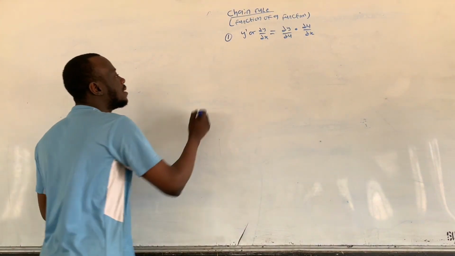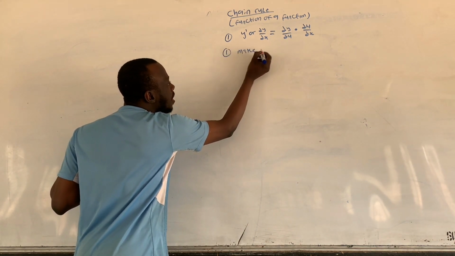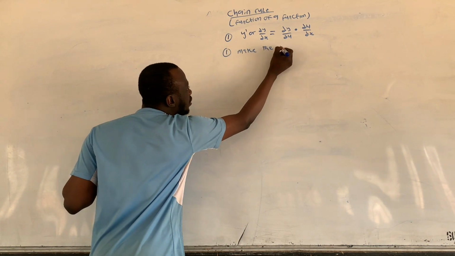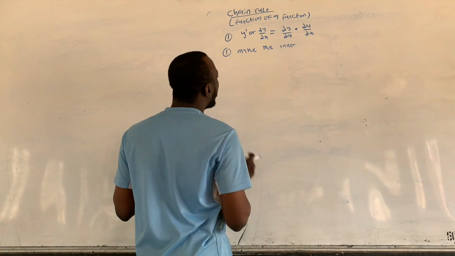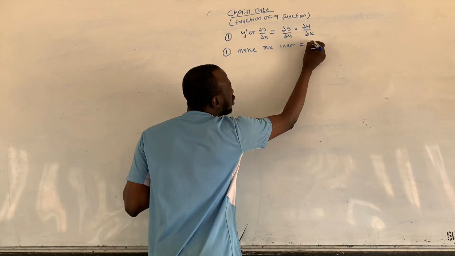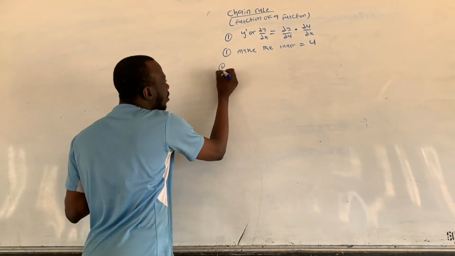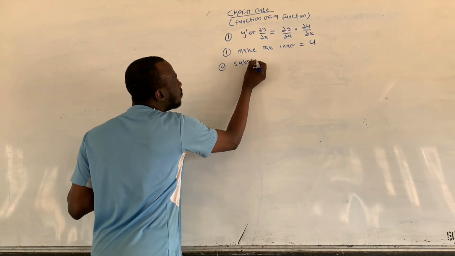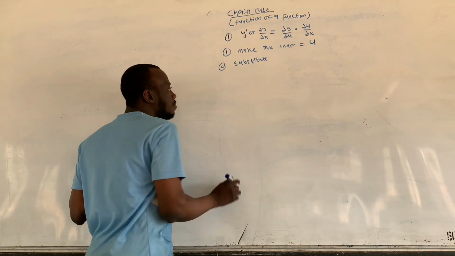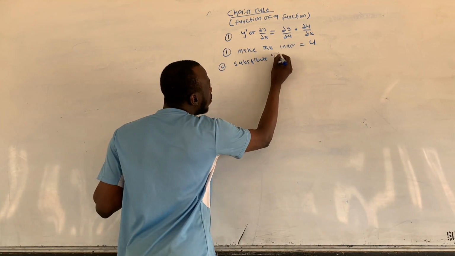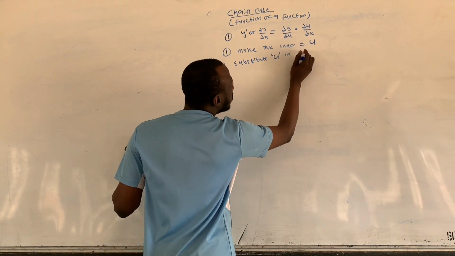So this means that the first thing here, we are to make the inner function. We equate the inner function to become what? u. Then you substitute u in y.